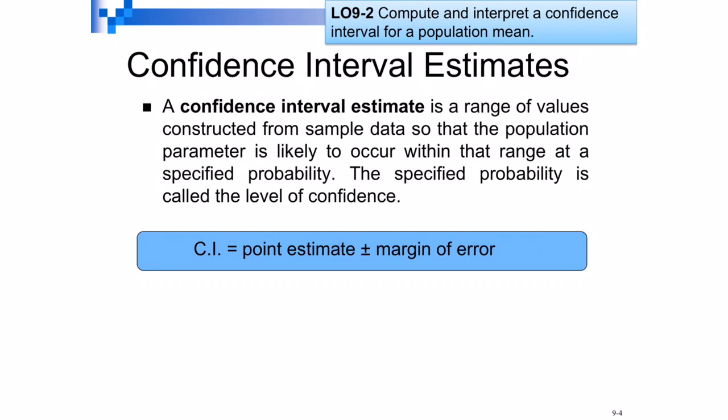Because of that, we create the margin, an interval, and we have a formula for that, because we want to create that interval where we predict that the population mean or standard deviation is going to be around that point.